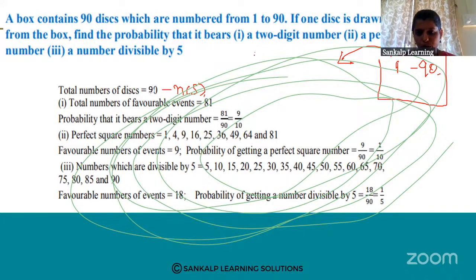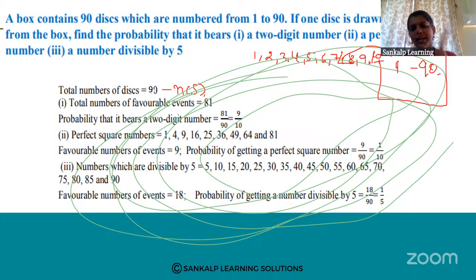2-digit number. From 1 to 90, we have 1, 2, 3, 4, 5, 6, 7, 8, 9, then 10 to 90. How many 2-digit numbers are there? You calculate from 10 to 90.